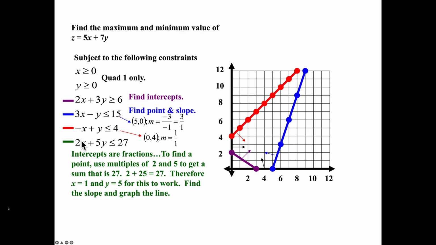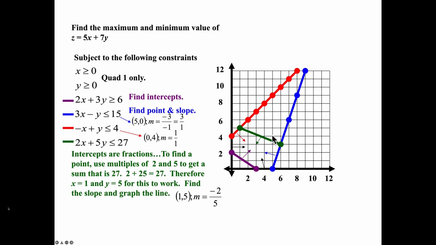Or I can take x, let it be 1, that's a 2, subtract it from the 27, that's 25, and 5 goes into 25 5 times, which means y is 1. So I can go to the point 1, 5, which is right there, and then take the slope, the opposite of a, negative 2 over b, 5, down 2, right 5.